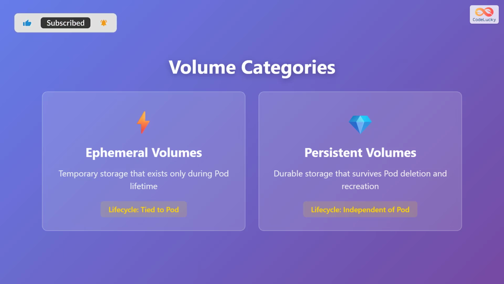These provide durable storage that survives pod deletion and recreation. Persistent volumes have a life cycle that's independent of any pod, making them ideal for databases, user-uploaded files, and any data that must be preserved. Understanding these two categories helps you choose the right storage solution for your specific use case.